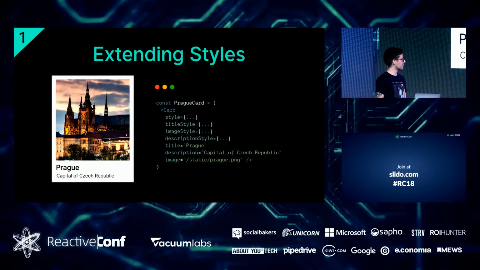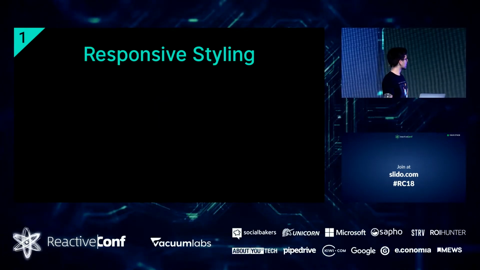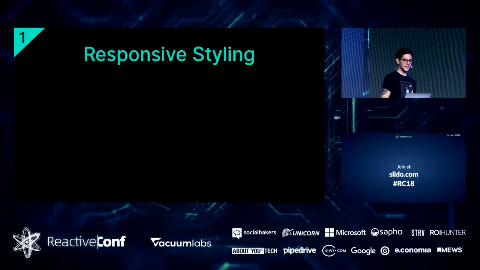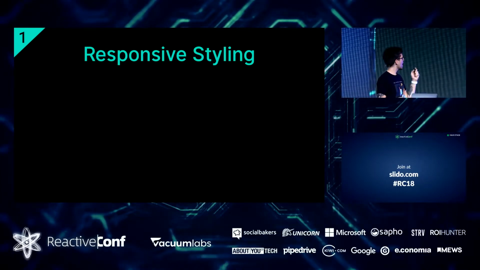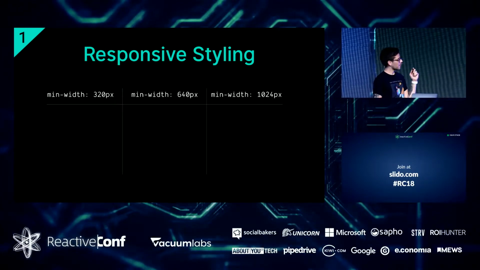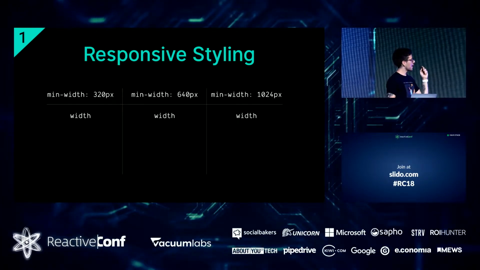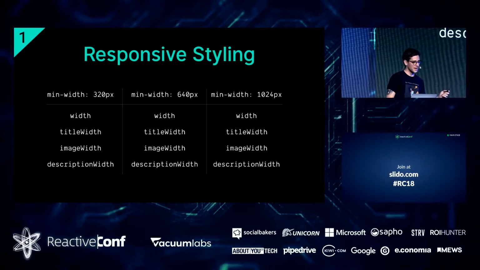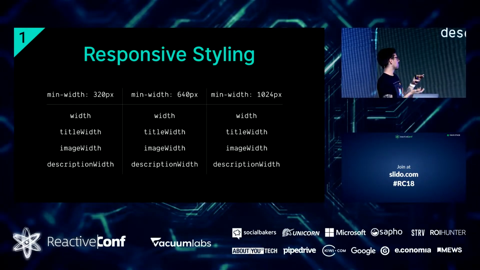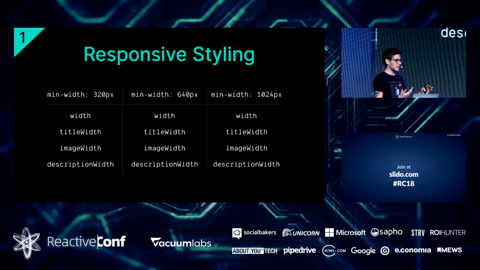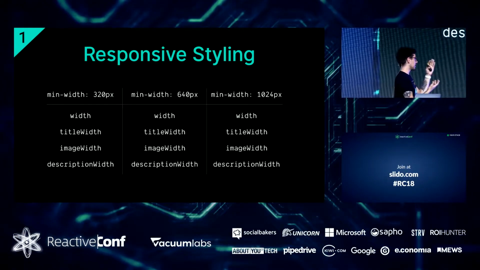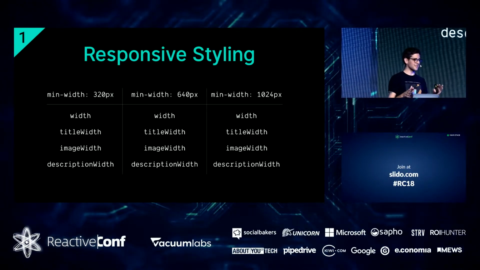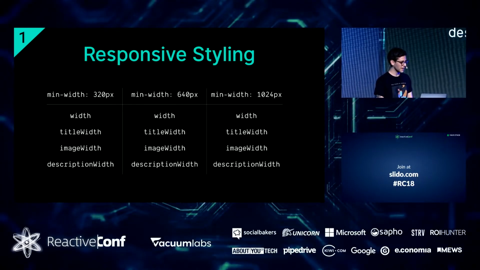And it even gets worse if we want to do responsive styling, because we might end up passing values for every breakpoint, for every property, for every element we got in there. And now just imagine you got maybe 5 properties. You already have over 50 different props. And just imagine the mess you can create with this.